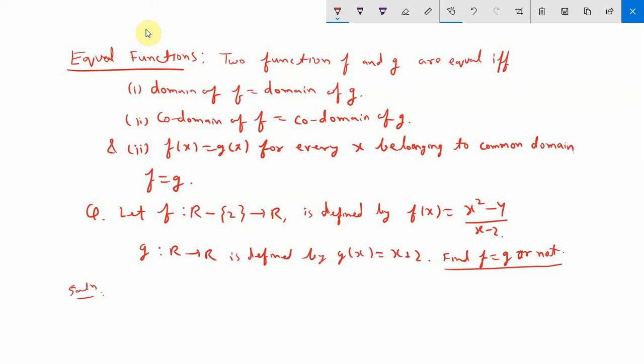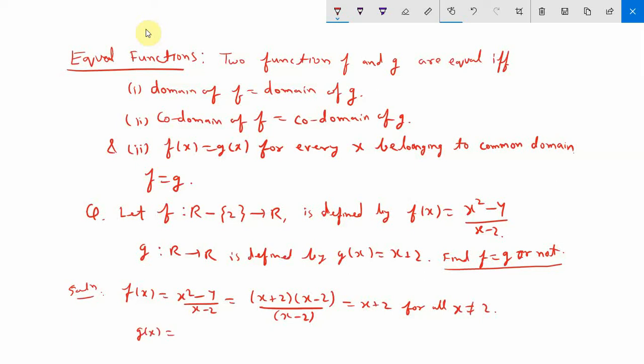So how we can do this? See, as f(x) is given, f(x) equal to x square minus 4 by x minus 2, and x is not equal to 2, so we can factorize this as x plus 2 into x minus 2 by x minus 2, so it is equal to x plus 2 for all x not equal to 2, and g(x) is equal to x plus 2, so it implies f(x) equal to g(x) for all x not equal to 2.